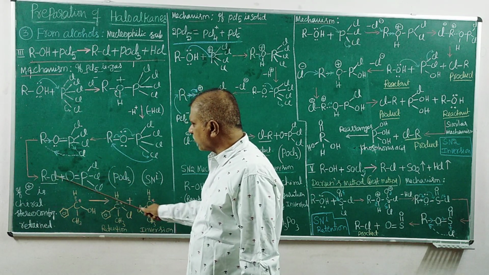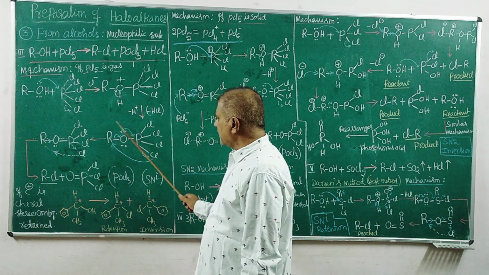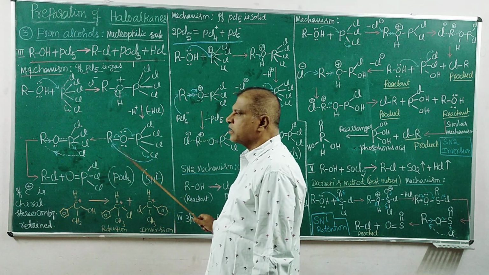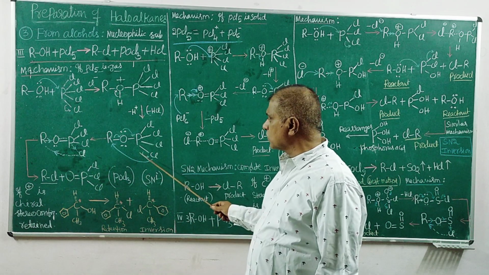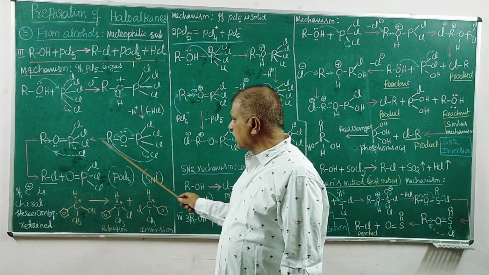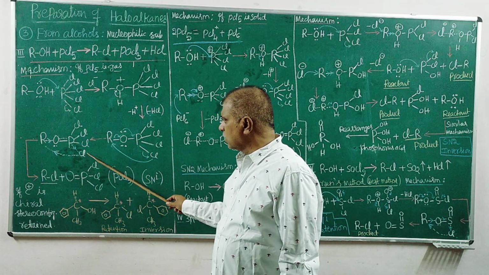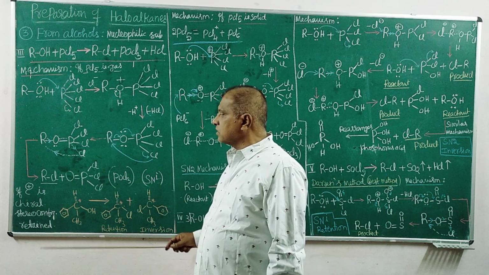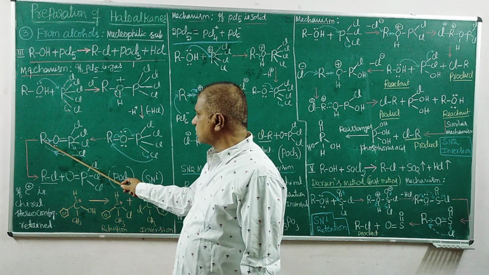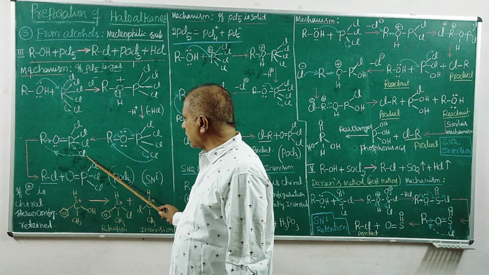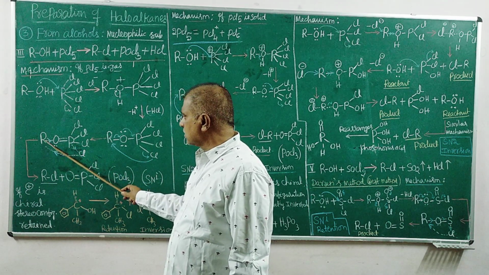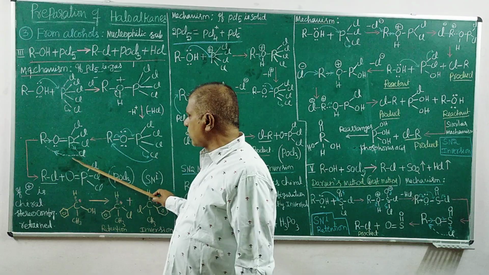So finally, product formation is a rearrangement within the molecule, internal rearrangement, not between the molecules. This is one molecule rearrangement. Within that molecule, the nucleophile will attack the carbocation like this. Simultaneous breaking and forming.